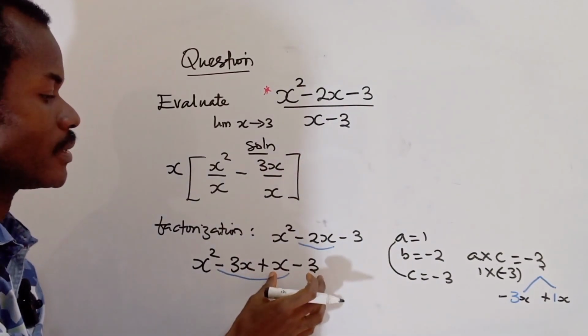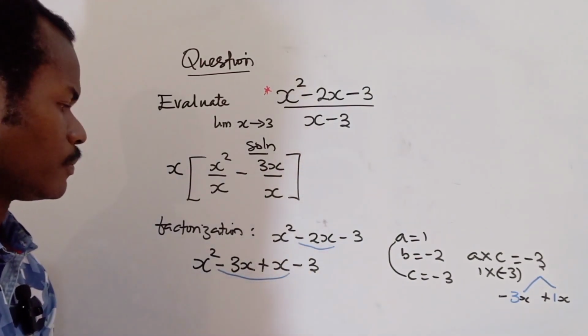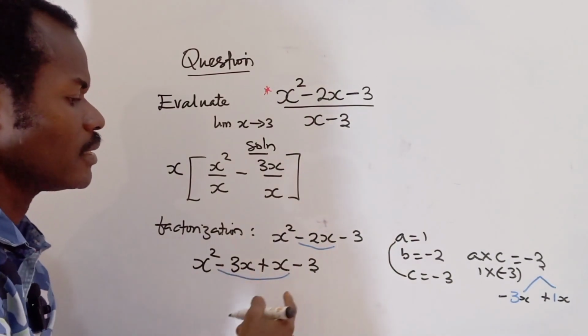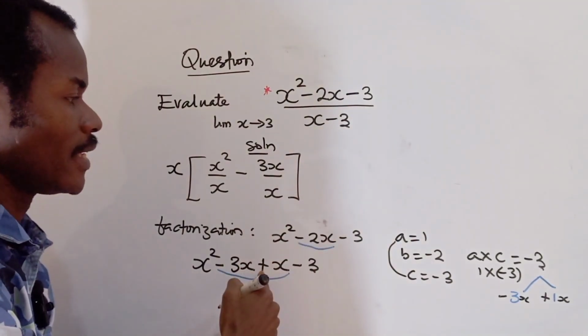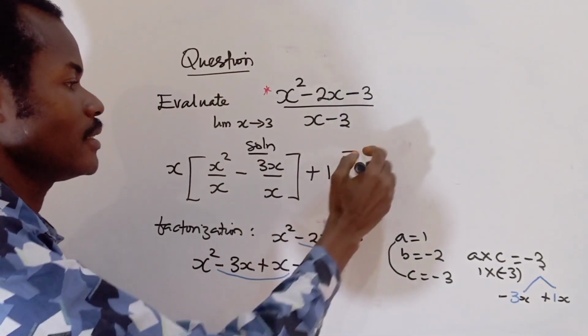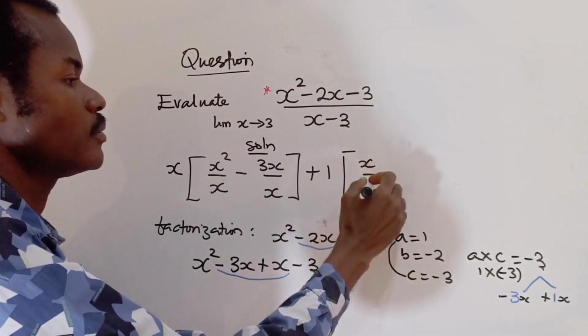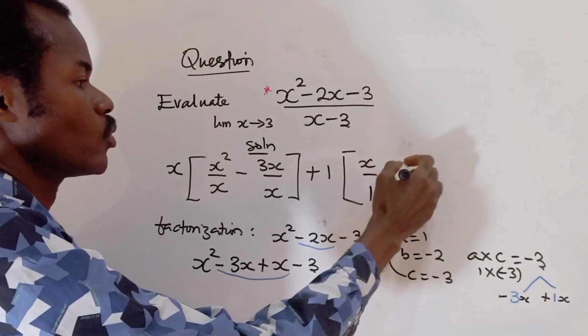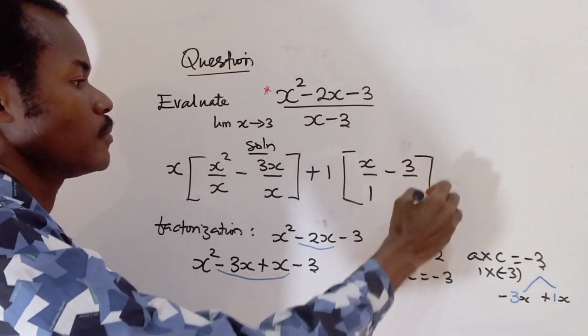Now what about this part? Since here is plus, we can simply put plus 1, and divide x by 1 and divide our minus 3 by 1.